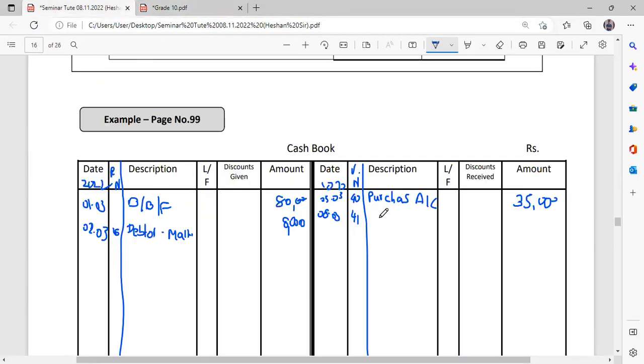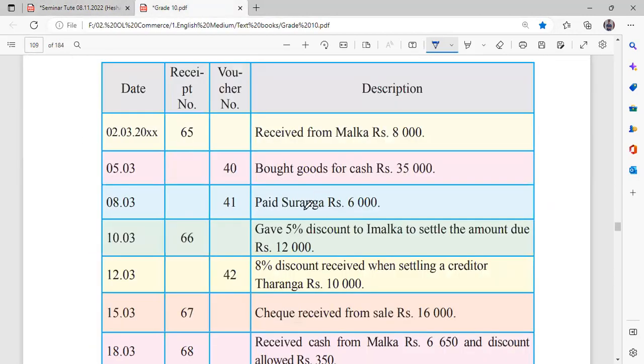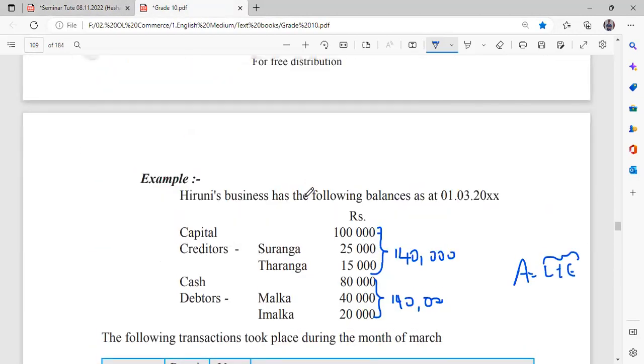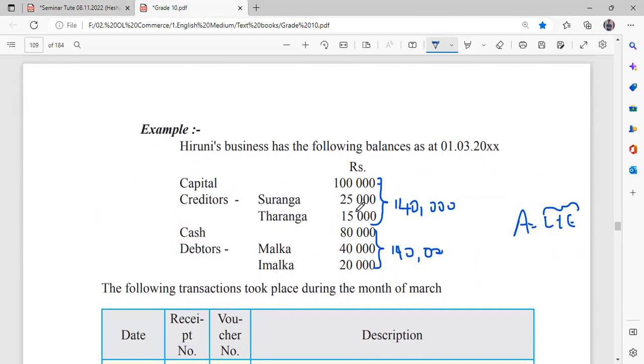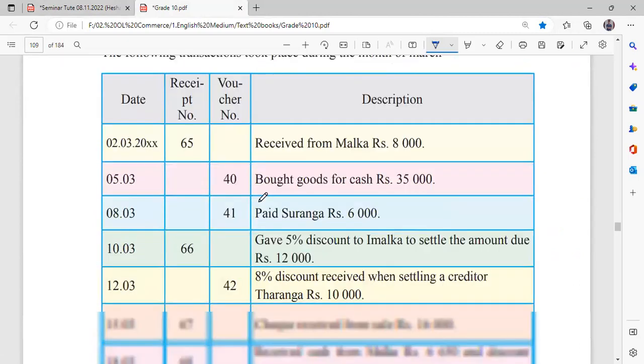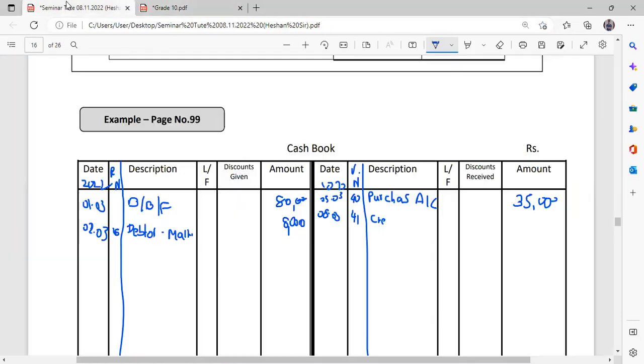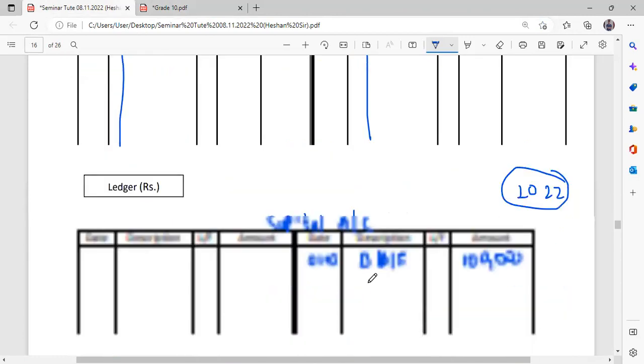Paid Suranga. Creditor Suranga's account, because he's a creditor. So we can identify Suranga as a creditor. That's why we paid him. Creditor Suranga, 6,000.